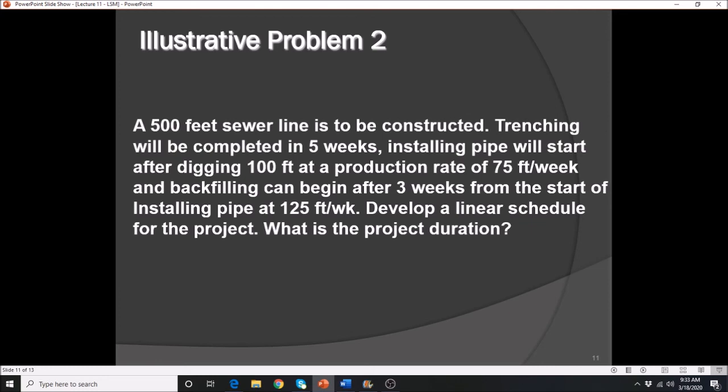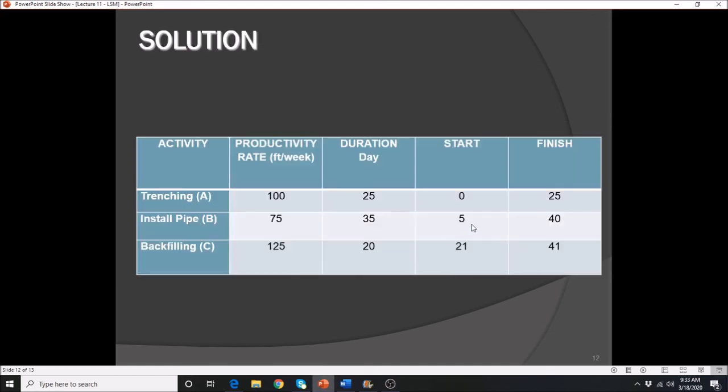So that is 3 times 5, which is also 15 days. So 5 plus 15 days, it should begin on the 20th day, right? But take a look here. If we begin at 20 days plus 20, we will end on the 40th day, which means that we will intersect your installed pipe.